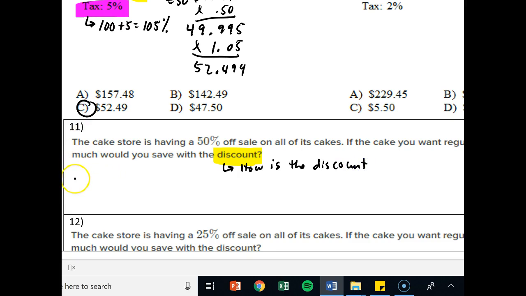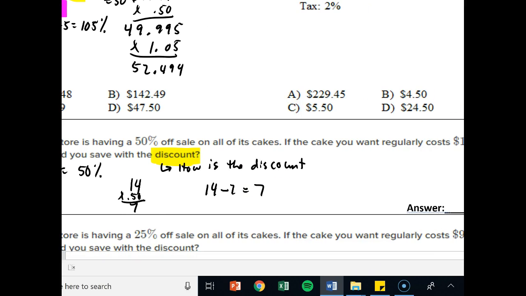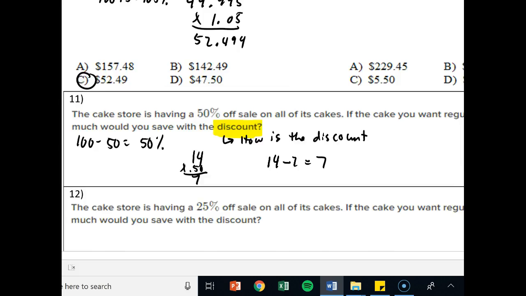So we've got a discount, that's 100 minus 50 means I pay for 50% of the cake. If it's regularly $14, 14 times 0.50 gives me 7. That means that's how much I pay for the cake, and then $14 minus 7 is 7, and so that's how much I save on the discount. So $7 is how much you save.